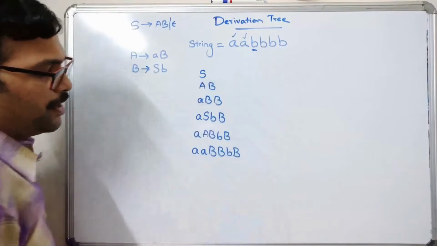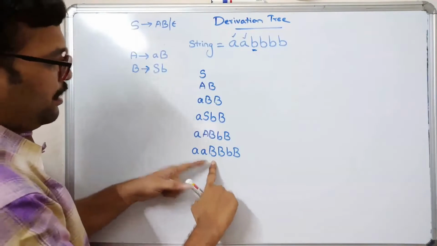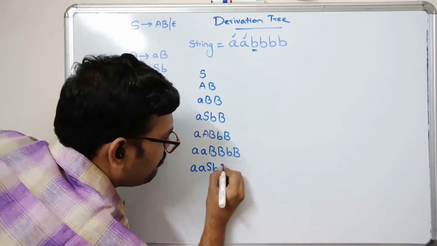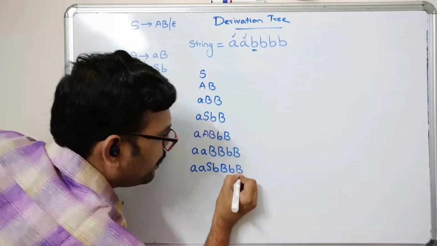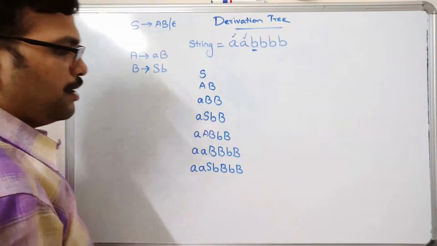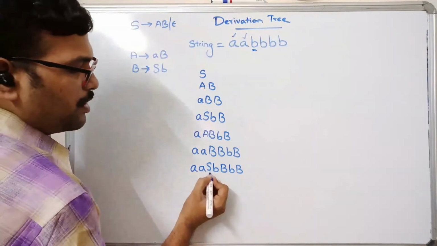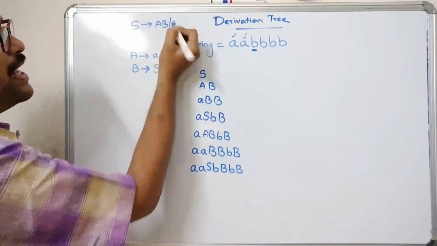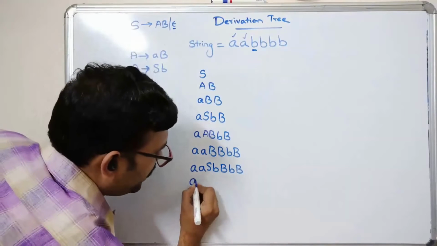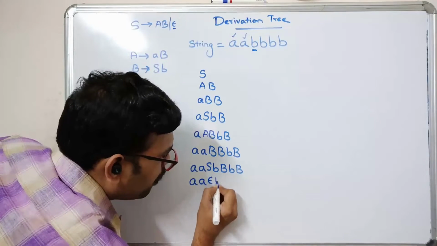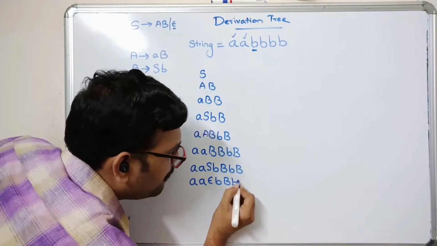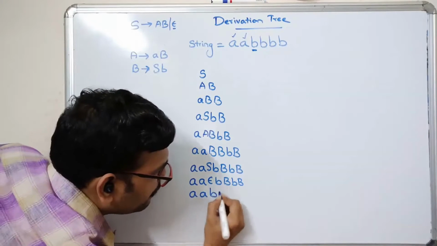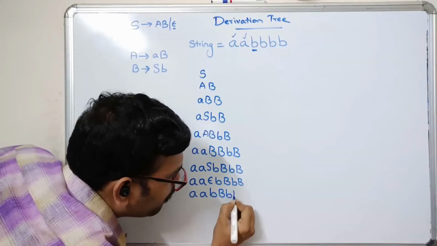Now we need to get a b. So instead of B here, you can write S, B, B, B and B. Instead of S, we can simply apply epsilon. So this will be A, epsilon, B, B, B and B. You can simply avoid the epsilon: A, B, B, B and B.